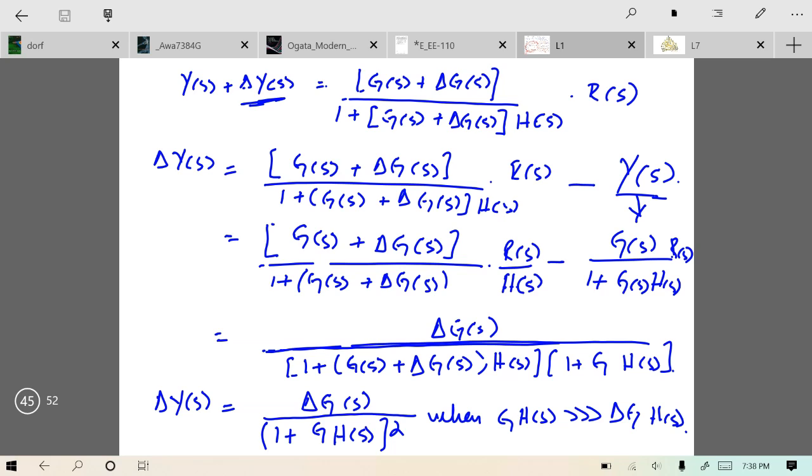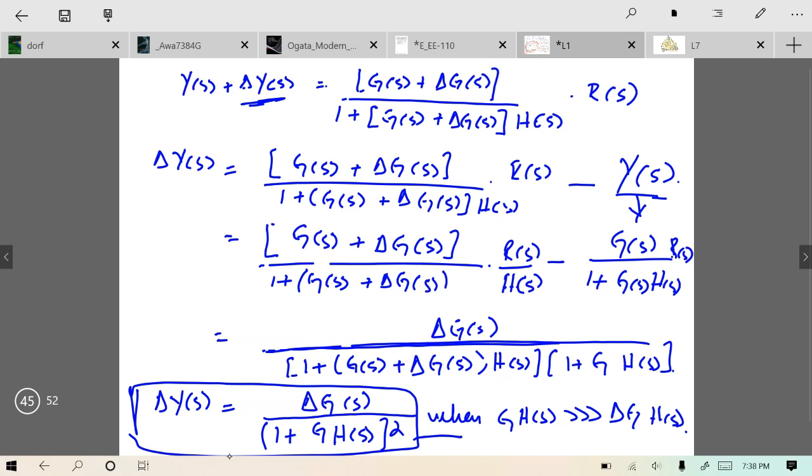So if I assume that delta g into h of s is very small as compared to g into h of s, then this term can be ignored, and this overall function is your delta y of s.